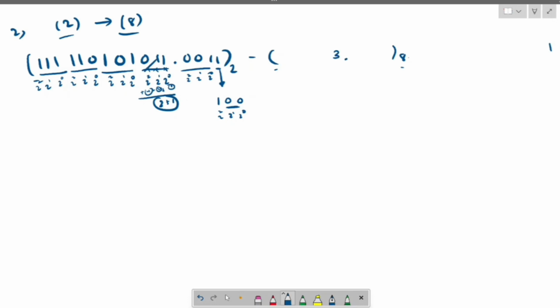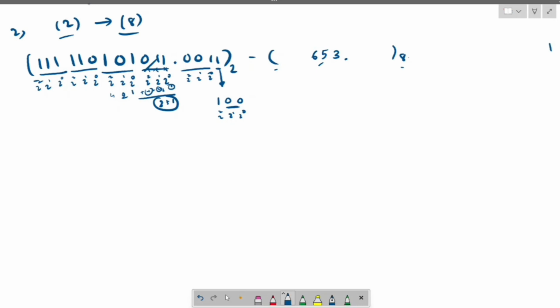Okay, same way, ignore zeros directly, like 1 plus 4 is 5. Otherwise I will show you, it is like 1, 0, 1, with 1, 2, 4, right? Like 4 plus 1 is 5. Now here 2 plus 4 is 6.